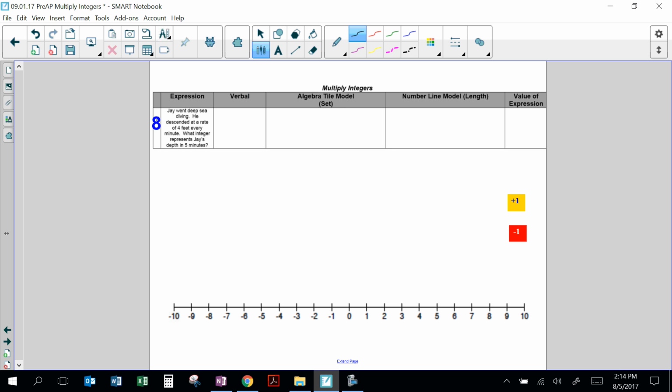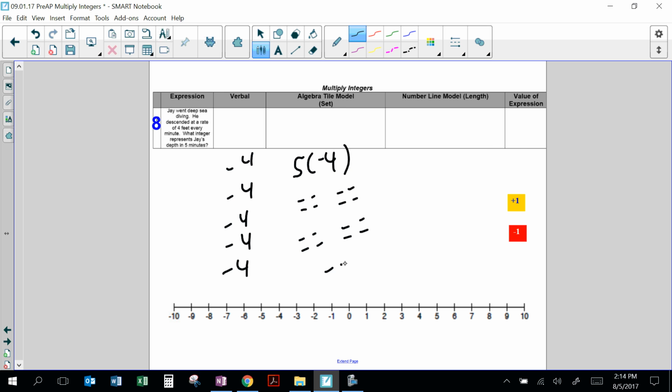So he goes down 4 feet every minute, down 4 feet every minute, for 5 minutes. Isn't that 5 groups of -4? So 5 groups of -4 is -20.